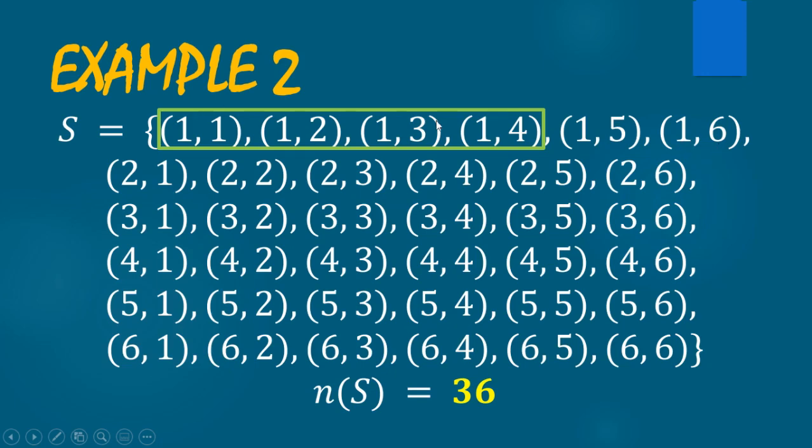Aside from this, we also have 2 1, 2 2, 2 3, 3 1, 3 2, 4 1. So we have here 1, 2, 3, 4, 5, 6, 7, 8, 9, 10.